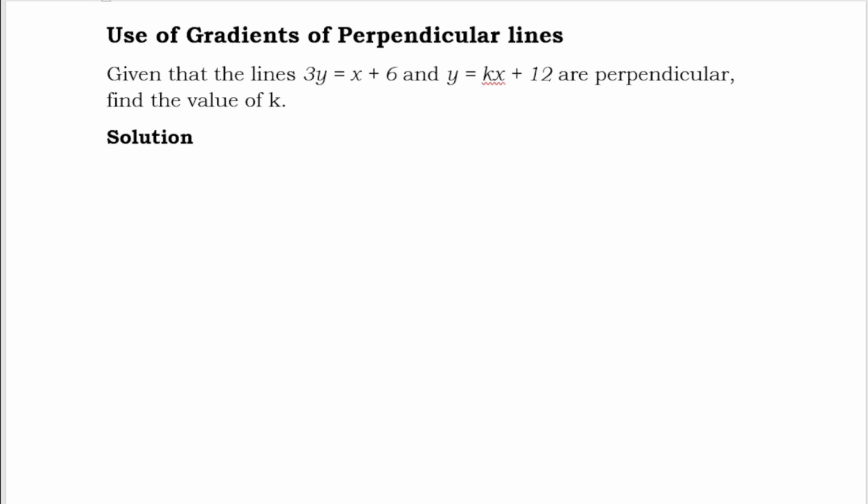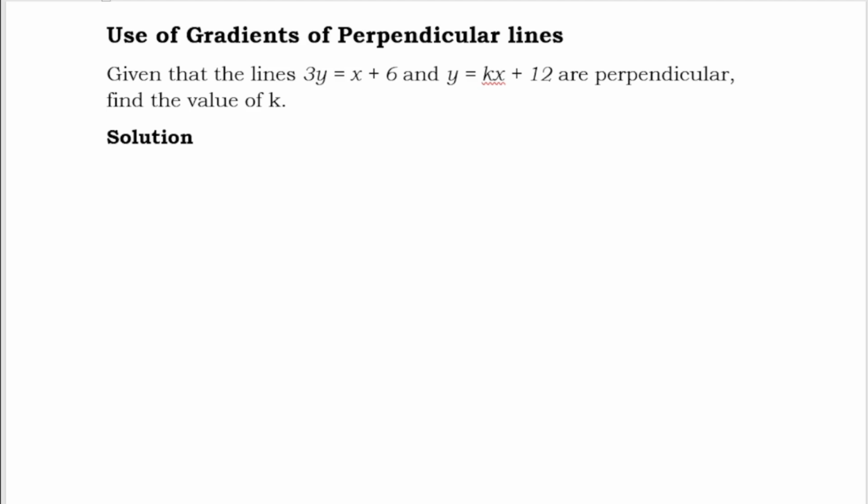The question states, given that the lines 3y equals x plus 6 and y equals kx plus 12 are perpendicular, find the value of k.